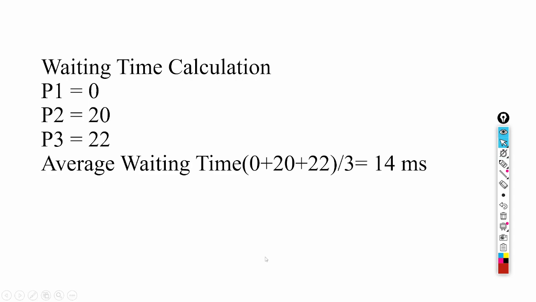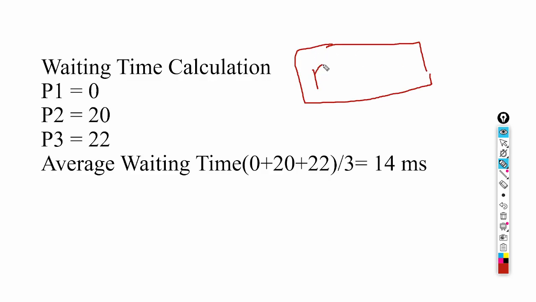Now calculate the waiting time. The waiting time for P1 is what? P1 is not waiting for anyone. It will start first, so P1 is 0. And the waiting time for P2 is 20. If you see the before diagram, or else I will draw it one more time.